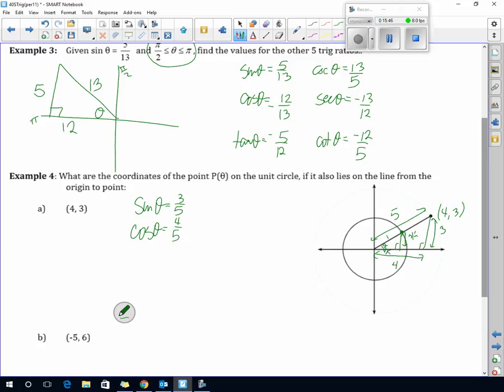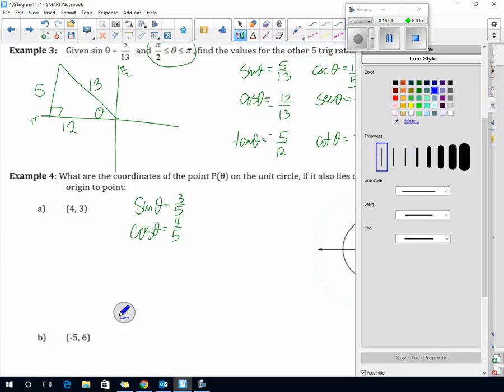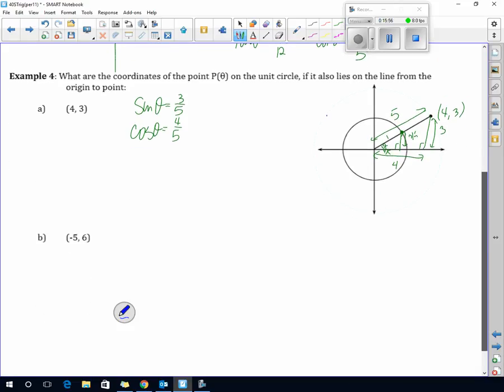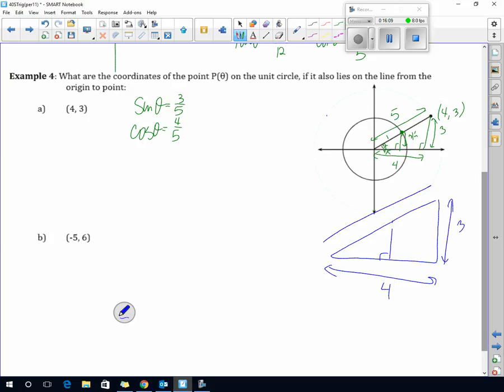Now, you could have actually, in order to do this, just to show you, and you wouldn't do this in grade 12 pre-cal, but I'm just saying grade 9 kids could figure this out, because this is what's called a similar triangle. And somewhere you learned that if this is 4, and this is 3, and this is 5, and this is 1, we can actually figure out x and y.